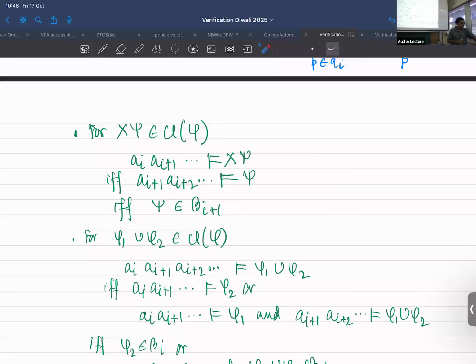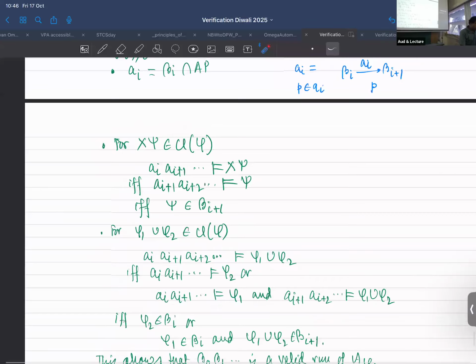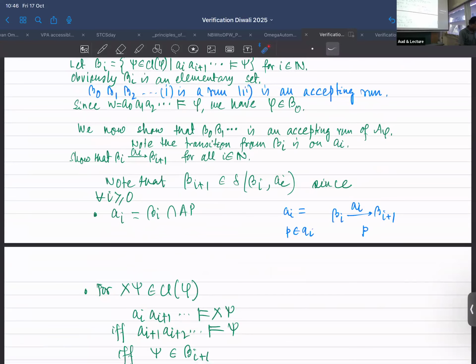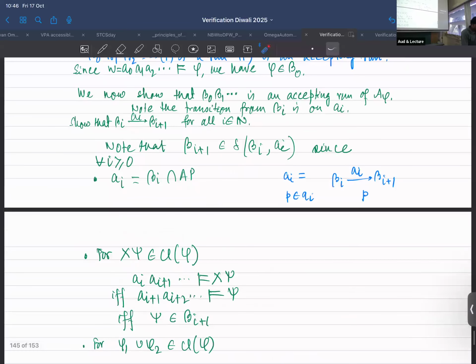Now, so what are we trying to prove? We are trying to prove that from beta I you have a valid transition to beta I plus 1, right?